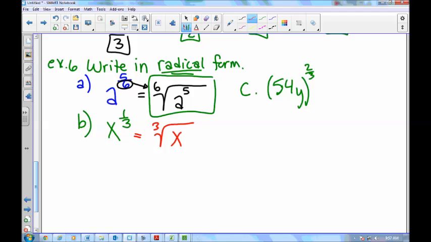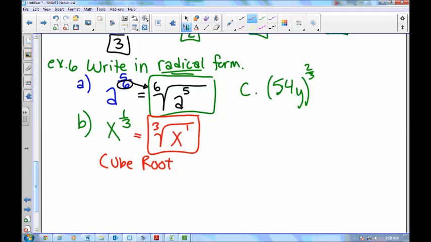Everyone say cube root of x. Cube root of x. And if you put the 1 here, is that okay? Deb? Yeah. You don't have to have the 1, but you totally can. Now, what is it called? Roots, R-O-O-T, like tree roots. Cube roots.